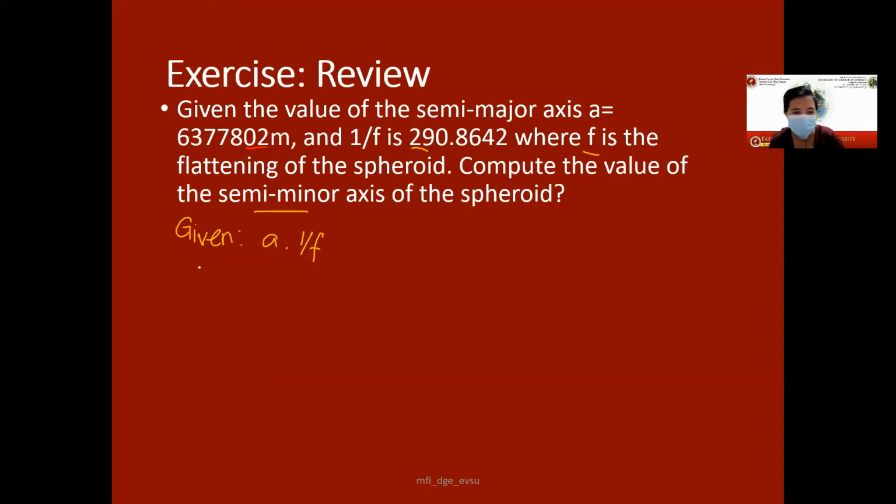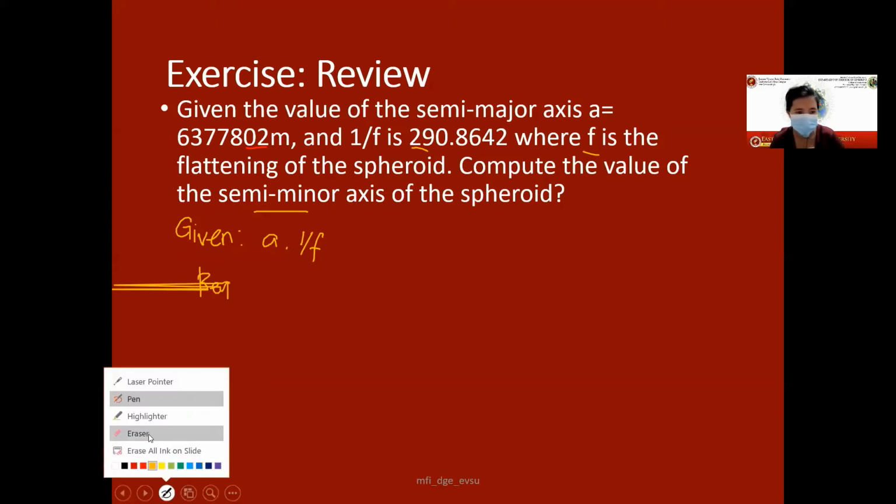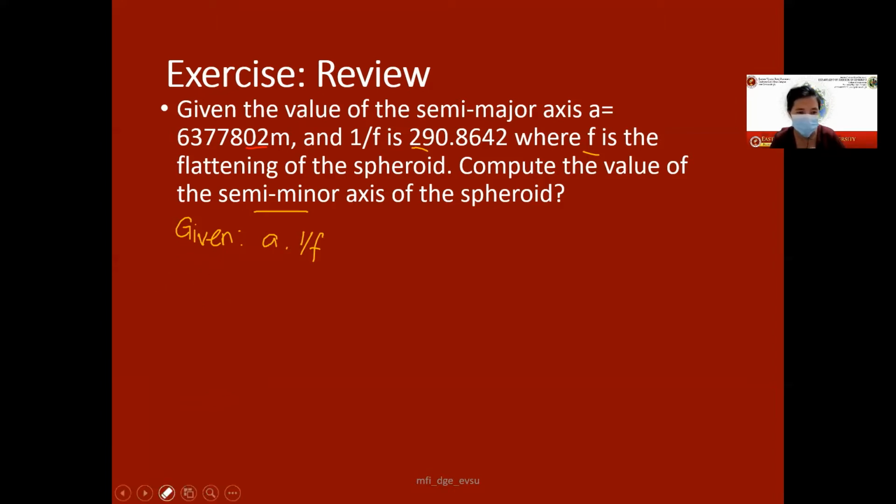Now, we are required to compute for the semi-minor axis denoted as letter B. So this is the required. I'm sorry, I have problems with my pen. And we are going to solve for B.